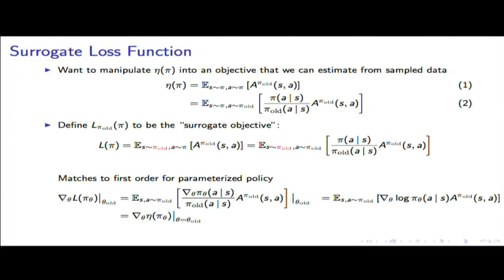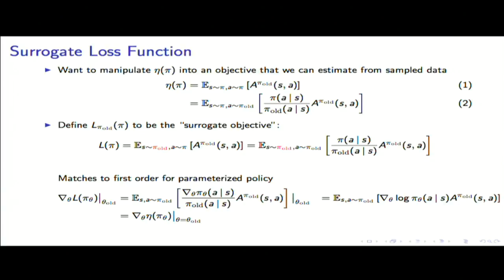I think you can just only sample A from pi, or can sample S. Oh, we can't. OK, the question was how can we sample S from pi? Can't we just sample A from pi? So we're sampling S from pi old, the old policy.